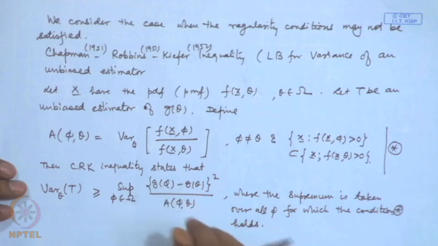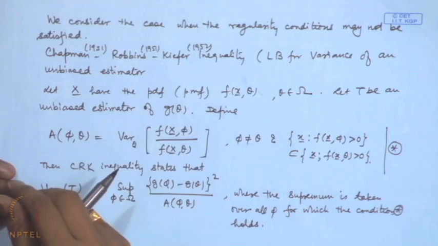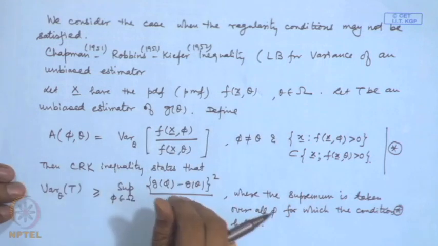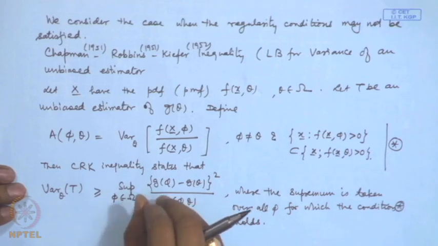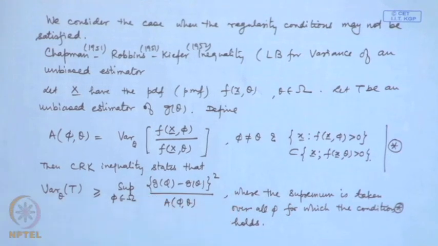The proof of this we will be considering in the following lecture, and you will again see that the proof is dependent upon the variance covariance inequality, or you can say the Cauchy-Schwarz inequality, that is, the correlation coefficient is less than or equal to 1. So, in the next lecture we will be proving this CRK inequality.